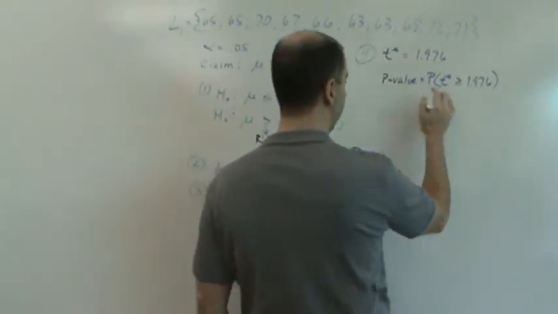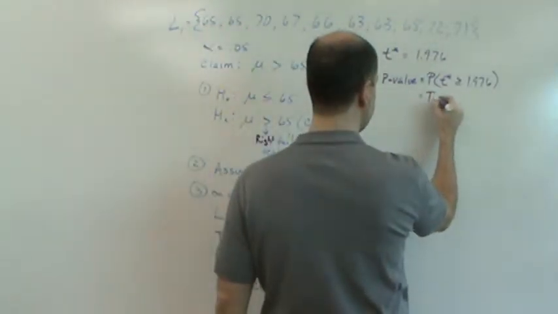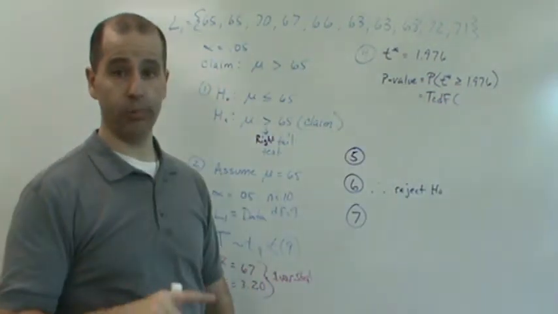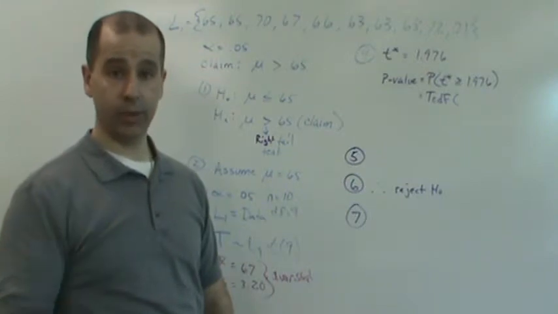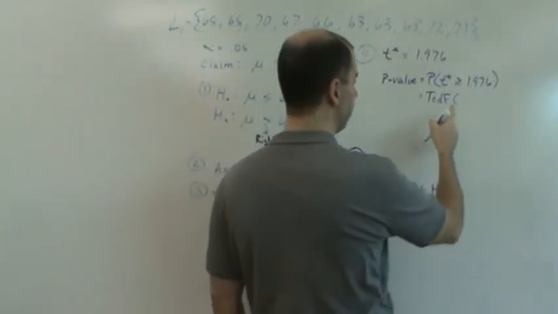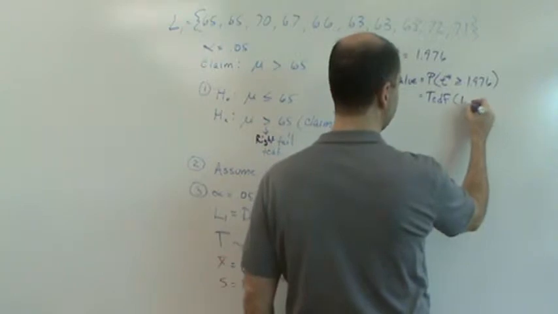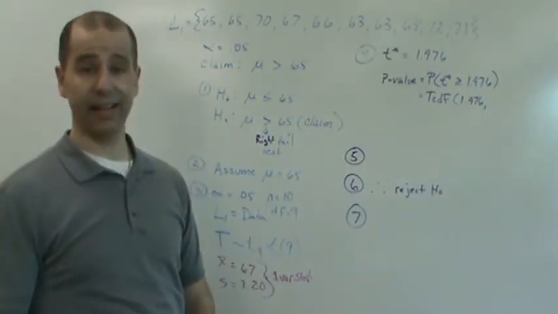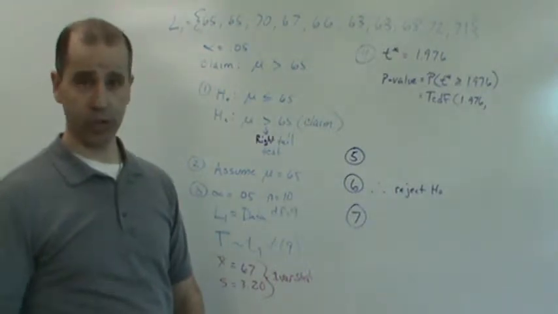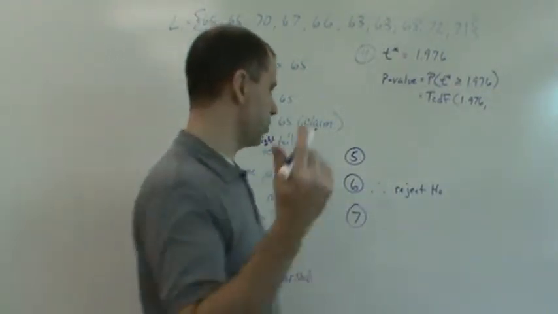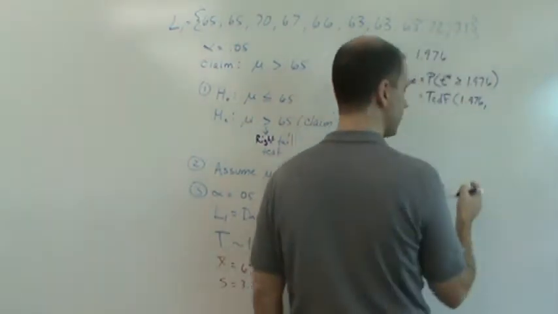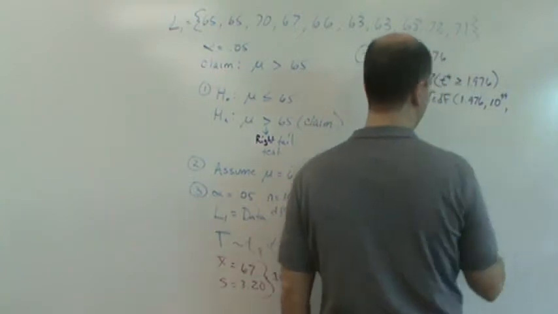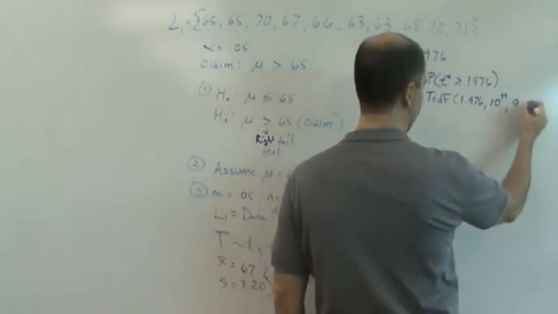Now we're going to use t-CDF. The first thing we need is lower bound, upper bound, and then degrees of freedom. The lower bound here is going to be 1.976. For the upper bound, you can use 10 to the 99th power, and that'll work just fine. You don't have to go that high with the t-distribution, but it'll still work. And the degrees of freedom is 9.